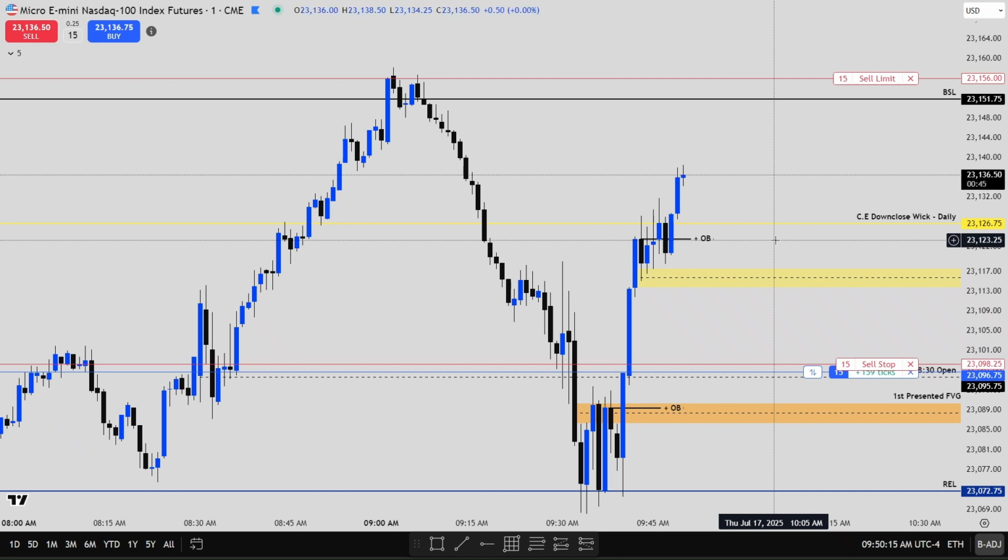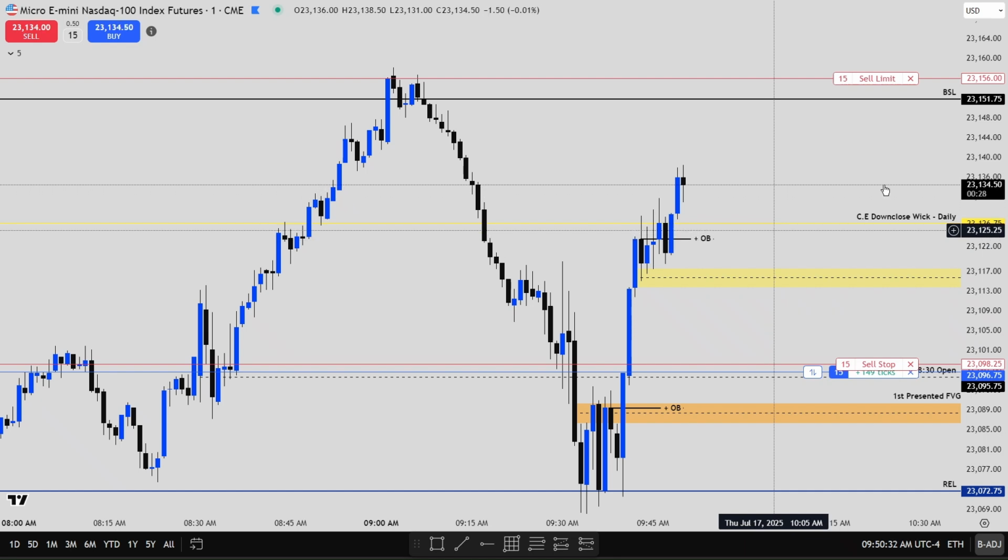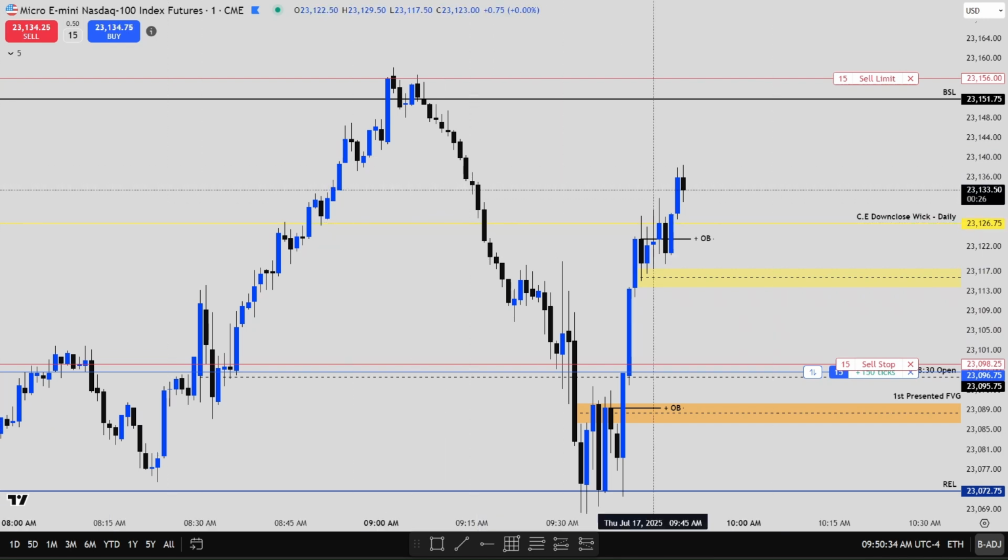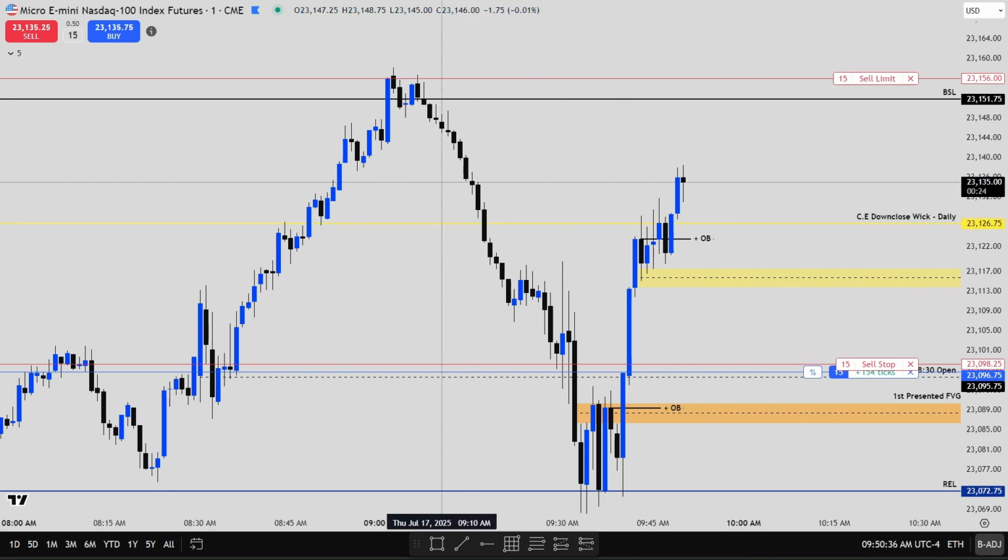We have a new 5-minute candle here. We're in that 950 to 1010 macro. Yeah, ES absolutely just ripped through that high with displacement.